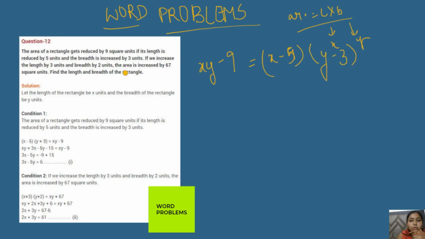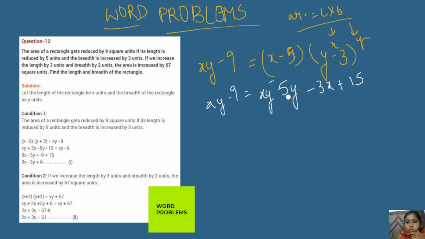Now you just have to solve this equation, right? So how we'll solve this equation? Xy minus 9 will be equals to xy minus 5y, just multiplying them. I'm not doing much, I'm just multiplying them. This is cancelled out. You will be getting equation like 3x plus 5y minus 24.